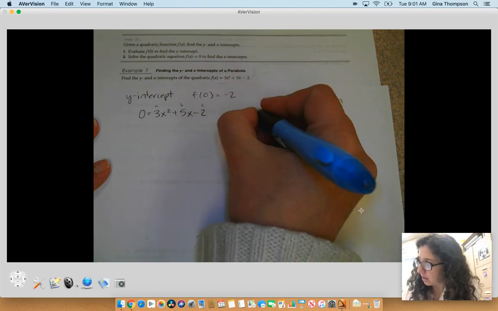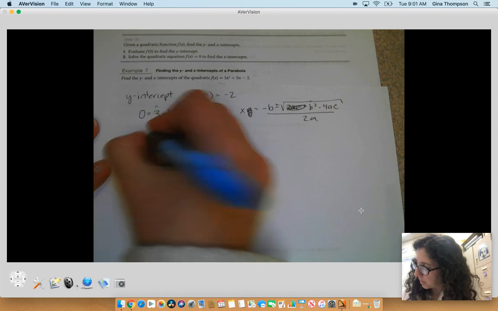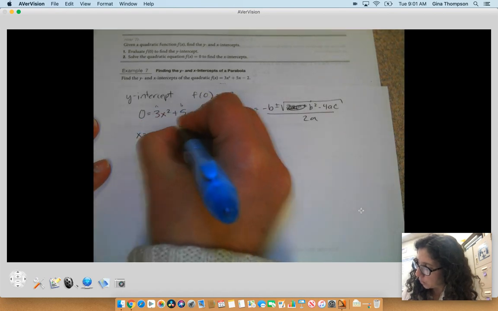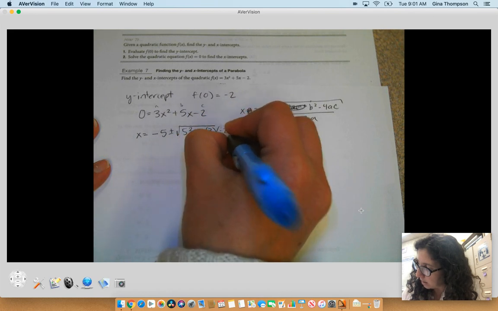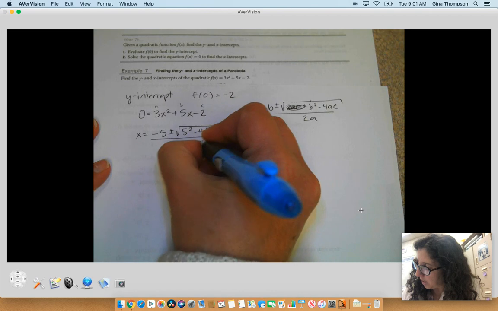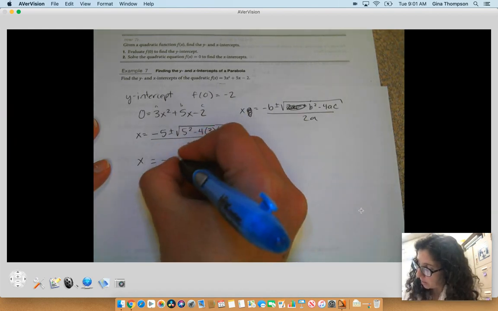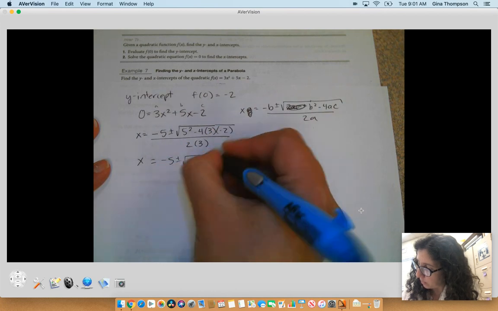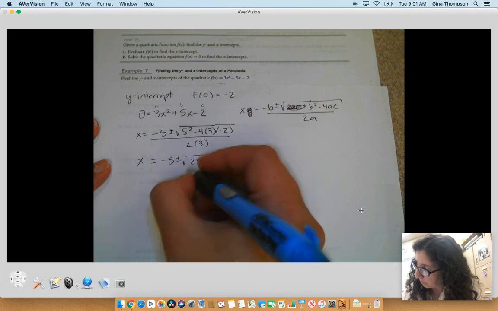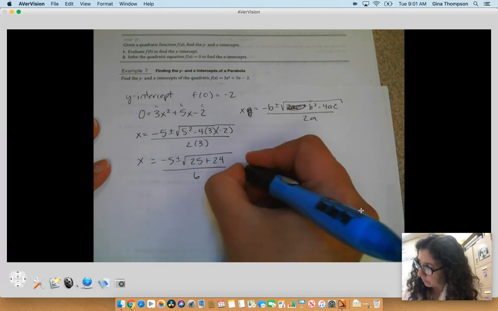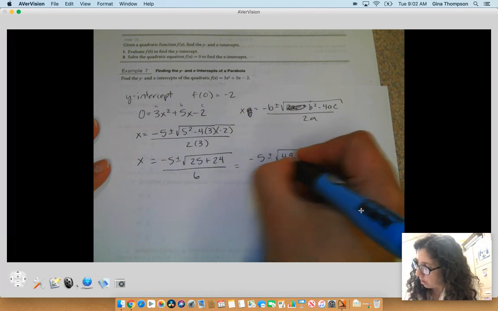And sorry, it's not y, it's the x values equal that. So x equals minus 5 plus or minus the square root of 5 squared minus 4ac all over 2a. As always, be careful of minus signs. Minus 5 plus or minus the square root of 25 plus 24. Is that right? Yep. All over 6. So we get minus 5 plus or minus the square root of 49 all over 6.